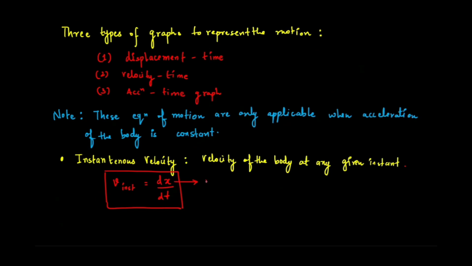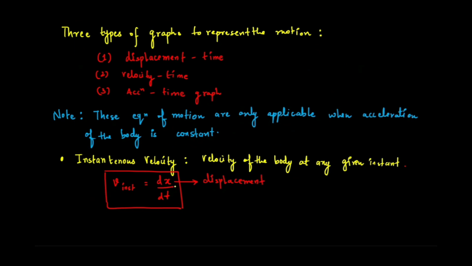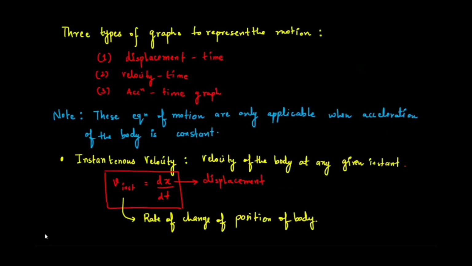Here, x is displacement, and whenever we see d by dt with any physical quantity, it simply means that instantaneous velocity is nothing but the rate of change of position of the body. In easy words, by what rate the position of the body is changing is going to give us the instantaneous velocity.